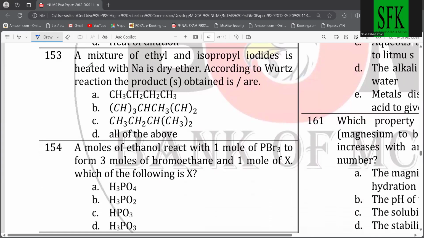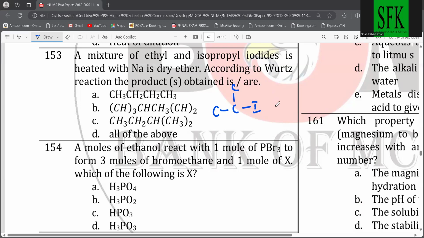A mixture of ethyl and isopropyl iodides is heated with sodium in dry ether. According to Wurtz reaction, the product obtained is? Okay. This is the formula of isopropyl, assuming that all other carbon atoms have hydrogens attached to them.